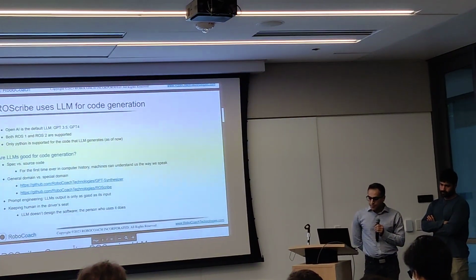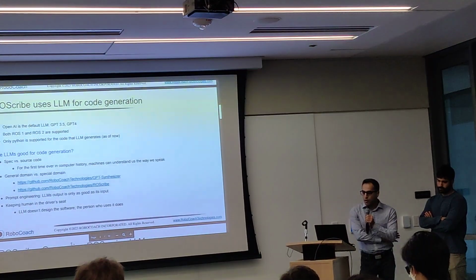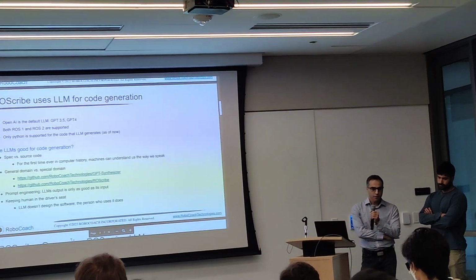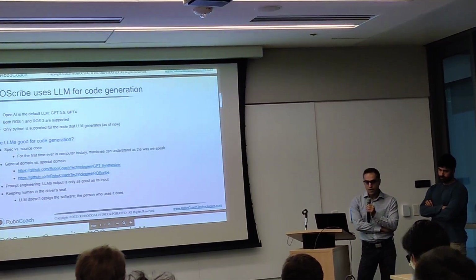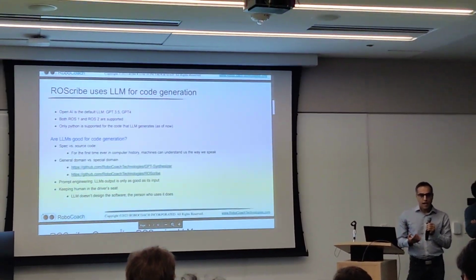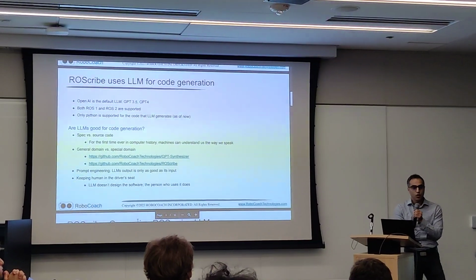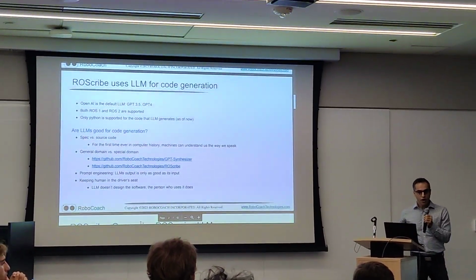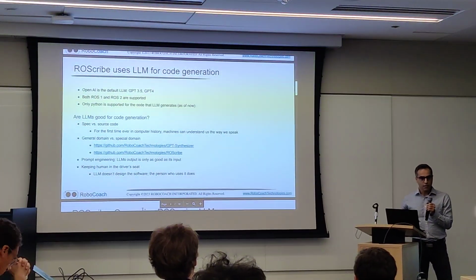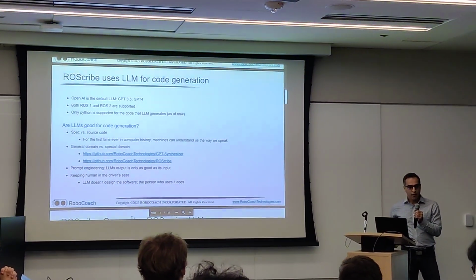There is another way to look at it. If you think about computer history since the dawn of computers, we as humans always created languages as a way to communicate with computers. The only reason was that computers couldn't understand us. There was no other way to describe what we need, right? So it all started from zeros and ones, and then quickly assembly language.